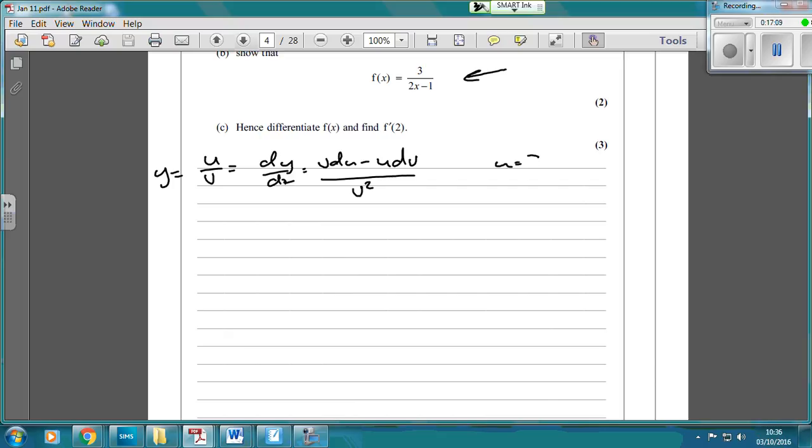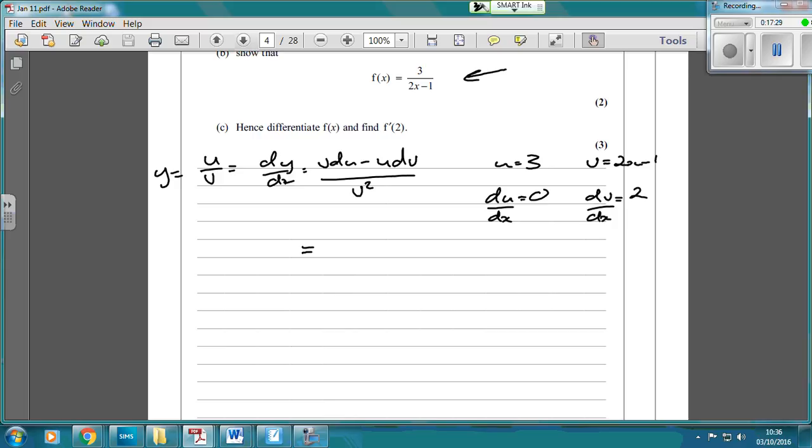So we've got u equals 3, v equals 2x minus 1, so du is 0, and dv equals, that's du by dx and dv by dx, a lazy way of writing it, dv is just 2.